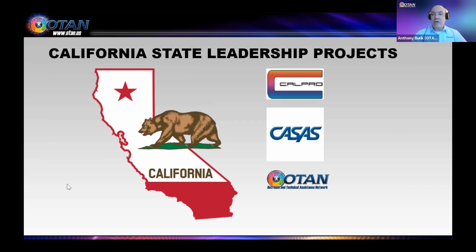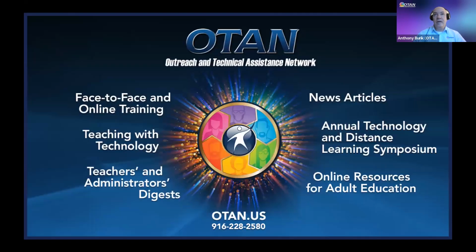There's also CalPro, which is actually part of AIR, and they focus on teacher and administrator professional development. And then we also have CASAS, which some of you know as the assessment, data collection, and data accountability organization. All three of these projects support adult education across the state in a variety of ways, but again, OTAN focuses on technology training for adult educators.